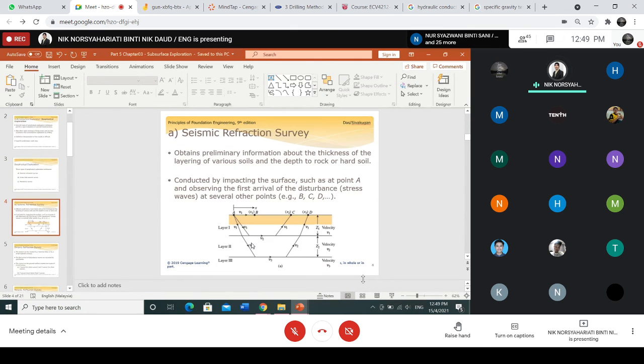Okay, so for the seismic refraction survey, you can obtain the preliminary information based on the thickness of layering. So this method normally uses waves, of course.